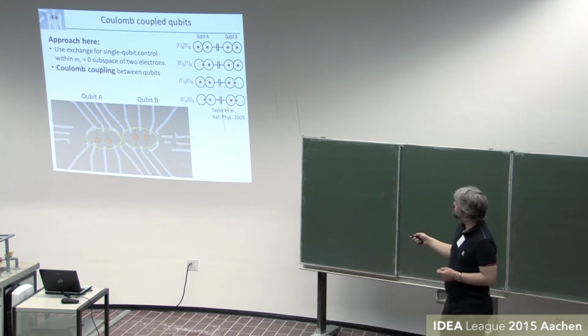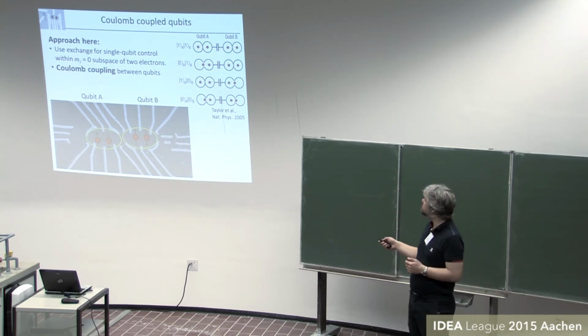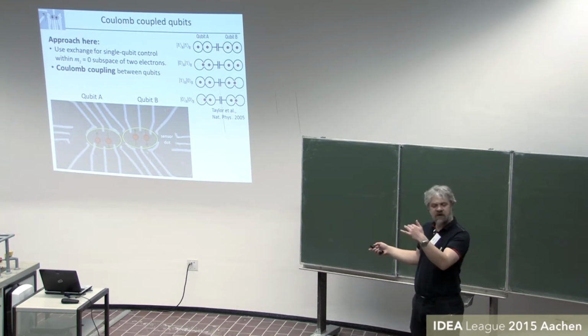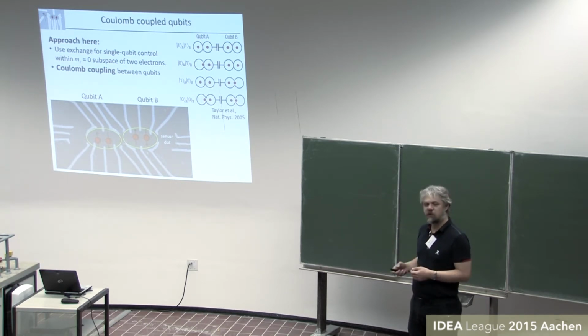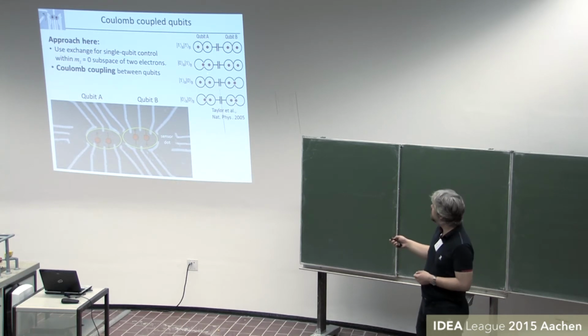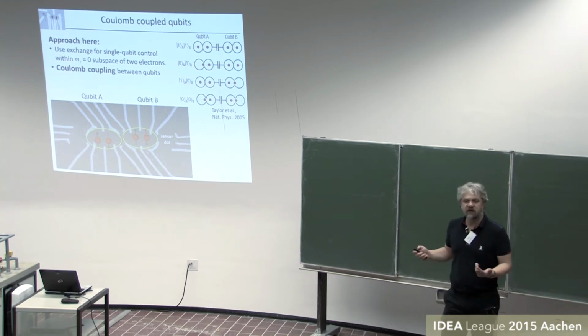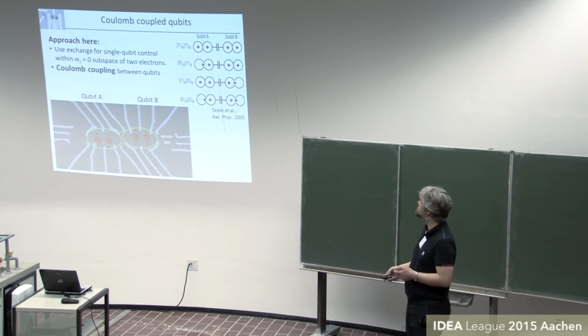And now we make use of the fact that depending on the operating point, the singlet states, you can think of them as one electron being partially transferred to the other dot due to this slight virtual occupation of the doubly occupied state. And the important thing is that this now has a different charge distribution than the triplet state, and these different charge distributions couple coulombically and can introduce or generate also a C phase gate.